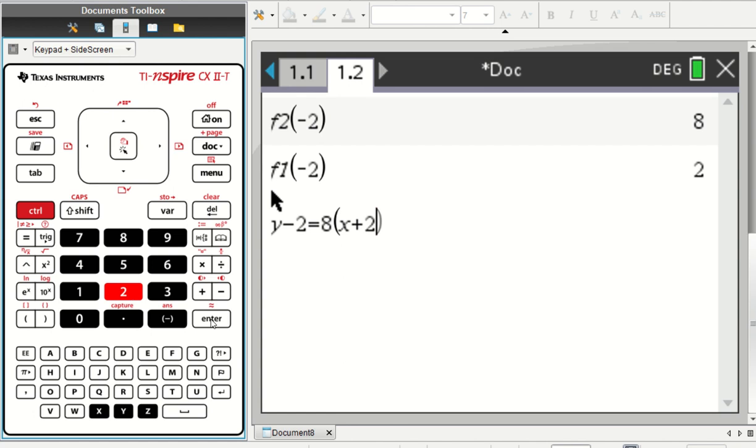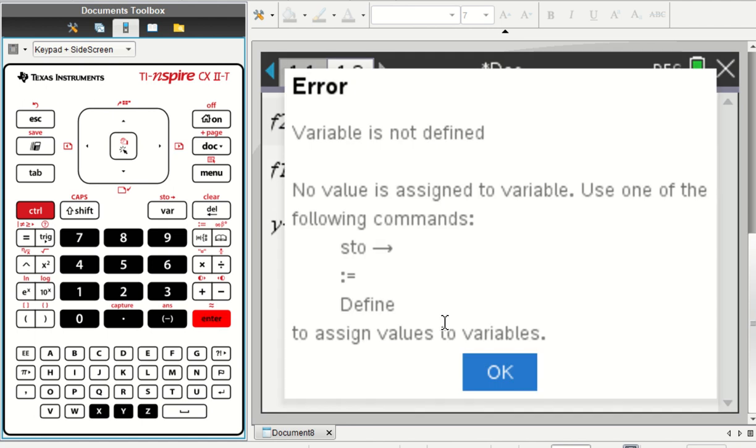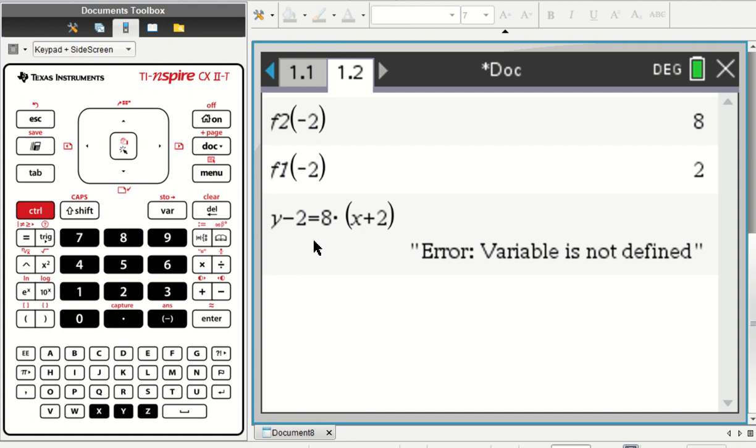So that's an equation for the line, but this TI nSpire is not a CAS version, so it doesn't like those undefined variables and will complain a bit if I press enter. But if we multiply out the 8, we get 8x plus 16, and then I can add 2 to the other side, and I get y equals 8x plus 18. That's the equation of the tangent line.